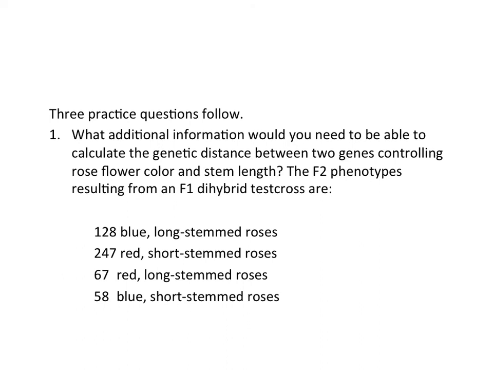So we need to know, let's say blue is dominant to red. So we're going to call that big B is dominant to little b. So I would tell you that, or you would have to do some sort of a cross to figure out dominance.